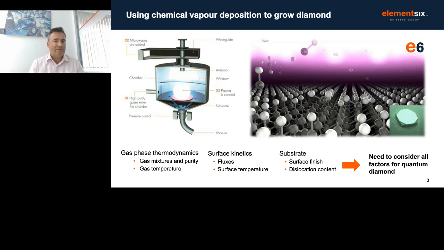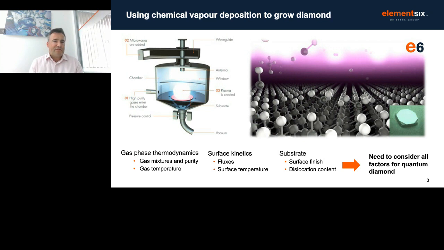That, if you like, is where the magic from the hydrogen comes in, because we've dissociated the molecular hydrogen into atomic hydrogen. Atomic hydrogen is much more effective at etching away graphite, sp2, than it is diamond. So by having a high fraction of atomic hydrogen, we can actually end up growing diamond, if you like, by default, under conditions where you would not normally expect diamond to be thermodynamically stable.